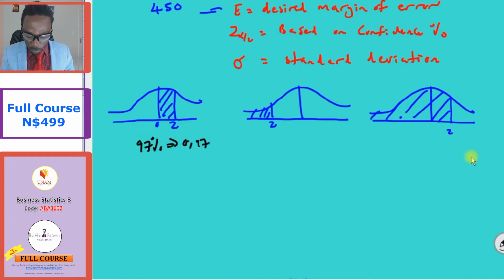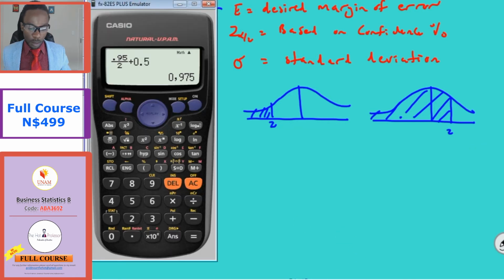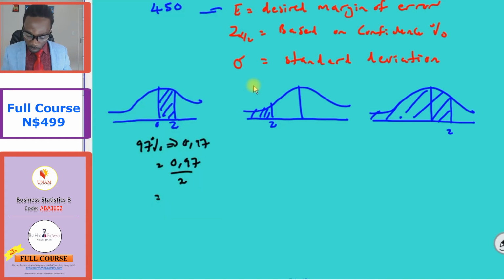Therefore, for your Z alpha over 2, you divide 0.97 by 2, which gives you 0.485.